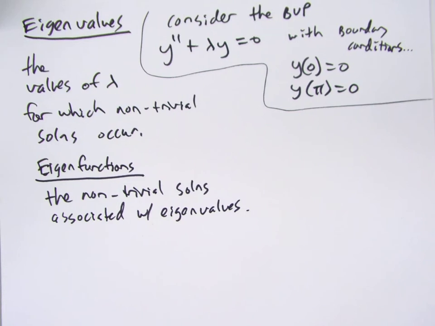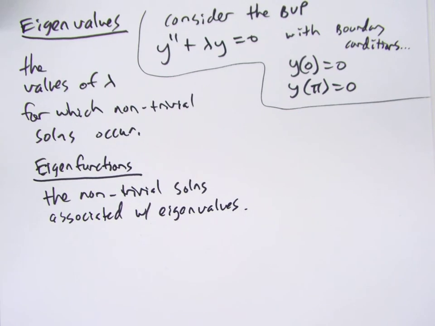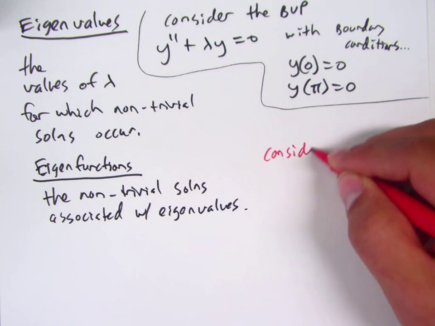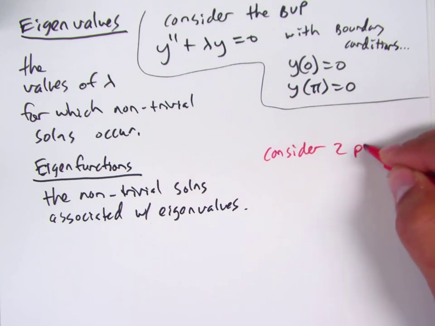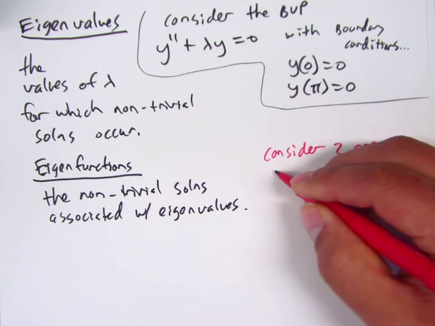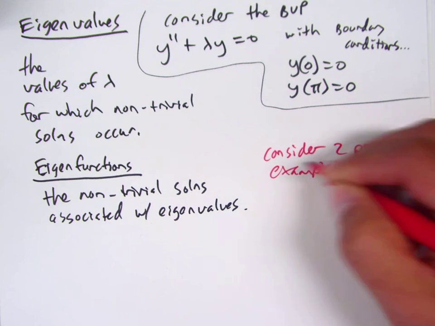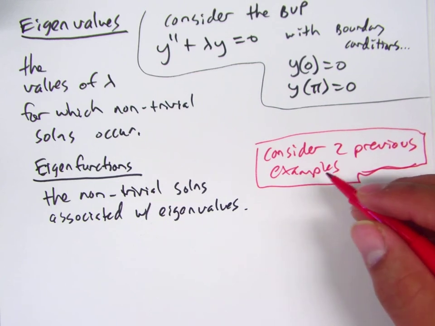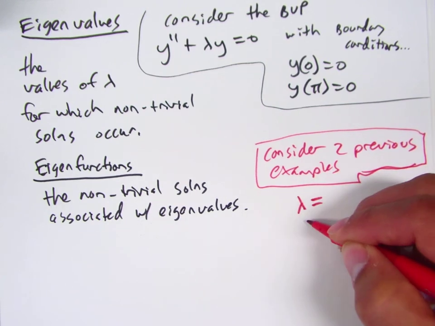Okay, so for the previous two examples, we had two different lambda values. What were they?